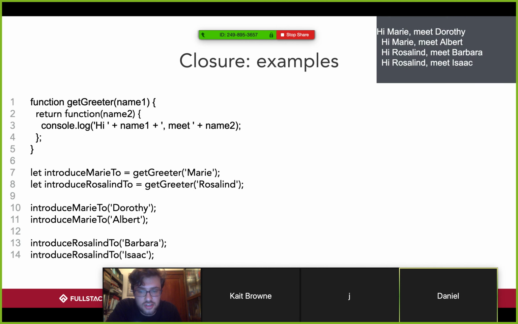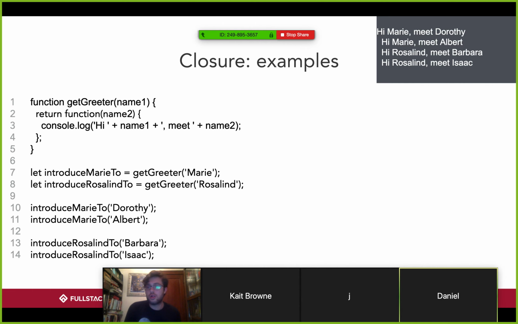This is exactly the same thing that I just showed you. Now we just used variable naming to make functions more clear. So instead of greeter, I say let introduceMaryTo, and then I say it's getGreeter Mary.